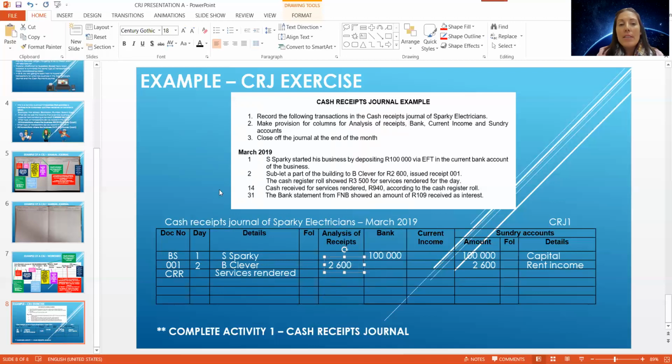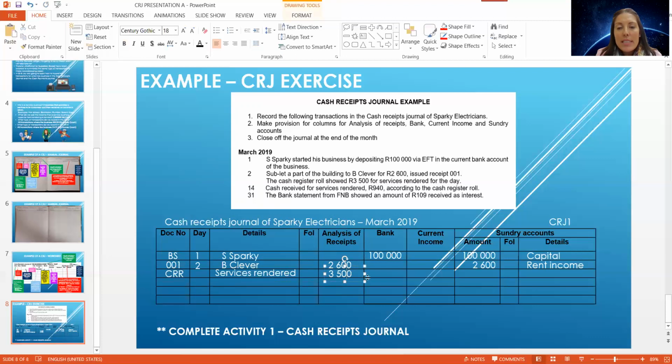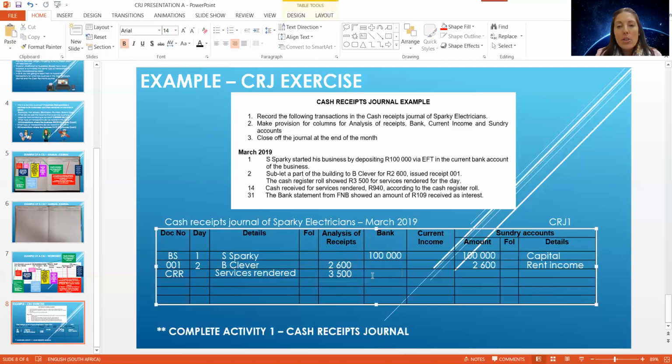We definitely received it in the store, in the till, because it says according to the cash register roll. So we can put the money in the till, 3,500. Okay, now we still haven't taken the money to the bank. Quickly check. Was there another transaction on the second? No, it doesn't look like it.